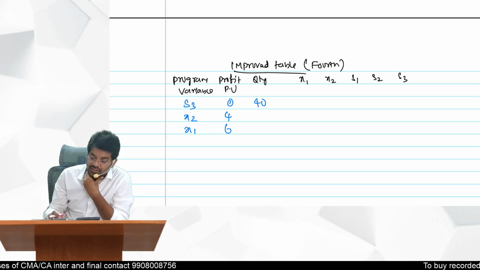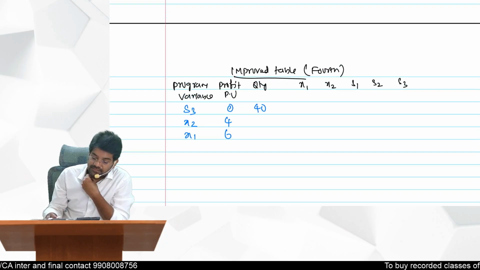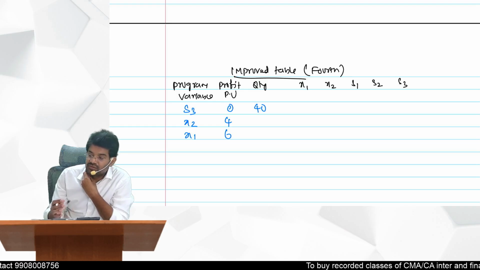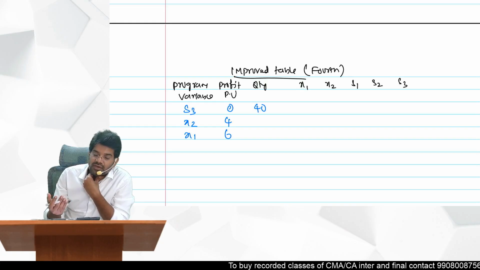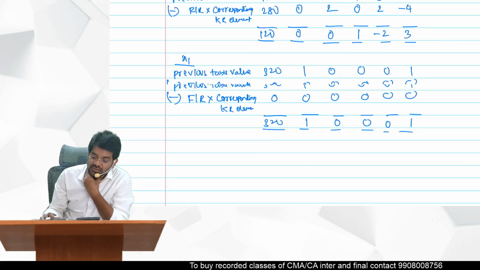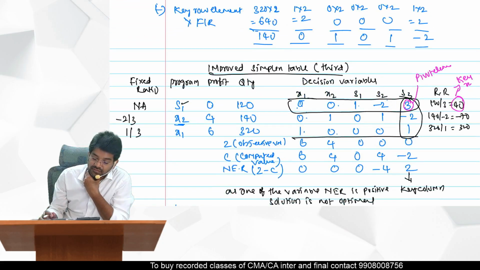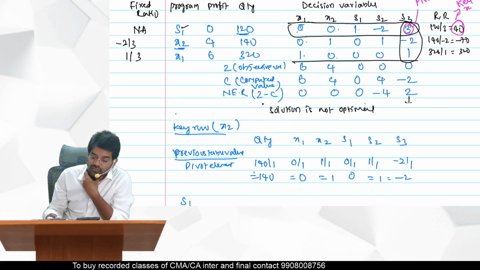So quickly we will also try to do this. How do you get this? This is the key row, no? How do you get the updated values for the key row? Previous key row element value divided by the pivot element. 120 divided by the pivot element, which is 3. 120 divided by 3 is 40.